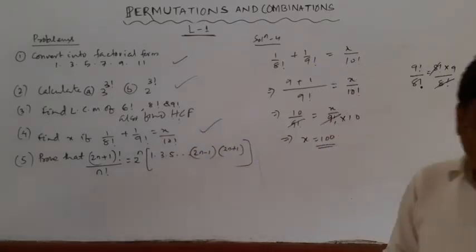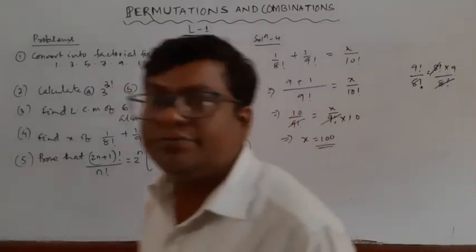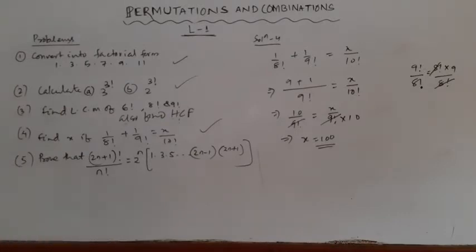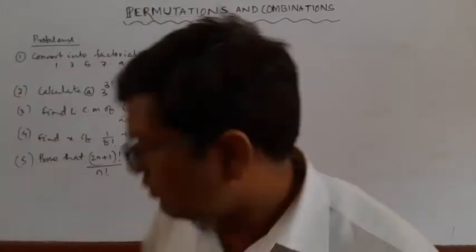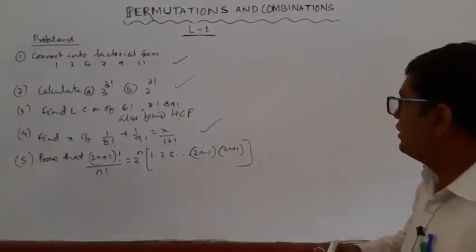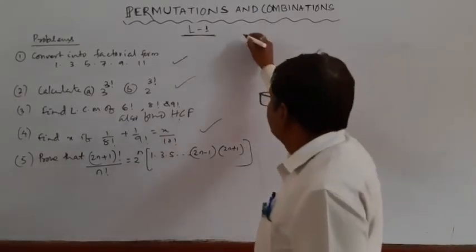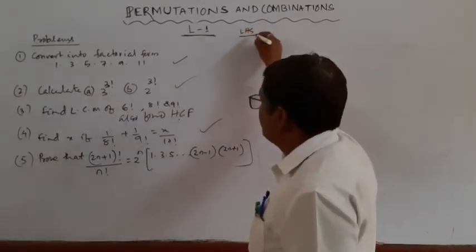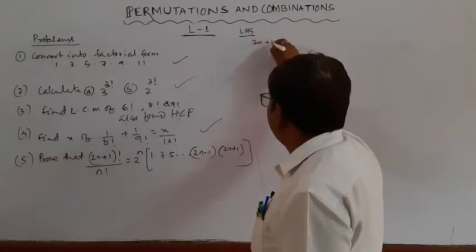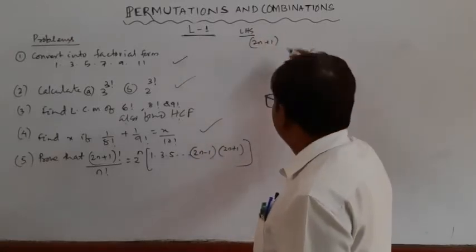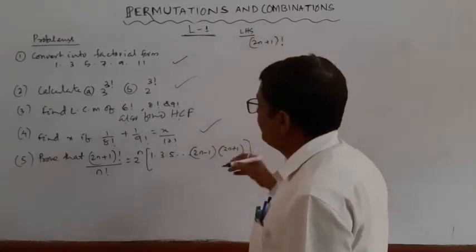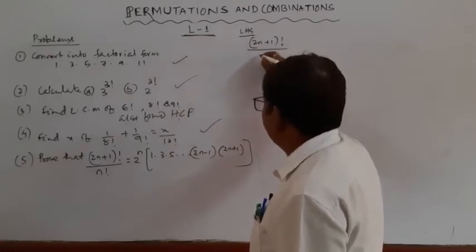Now the solution of question number 5. Left hand side, that is 2n plus 1 factorial divided by n factorial.